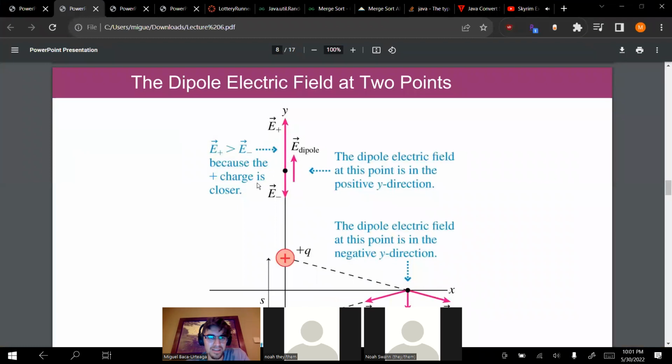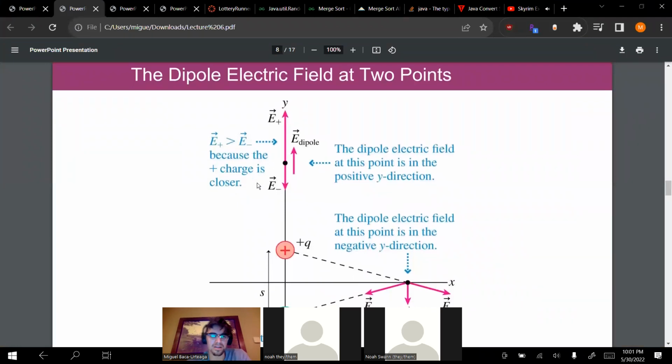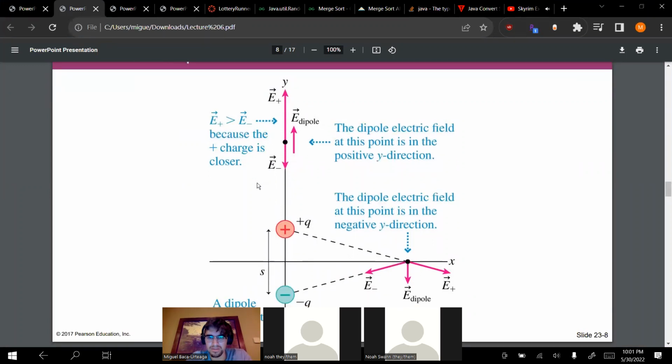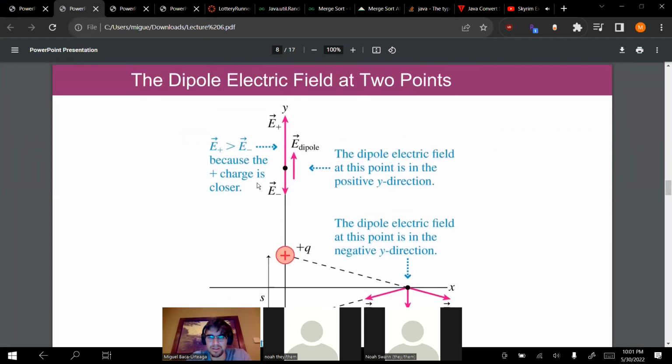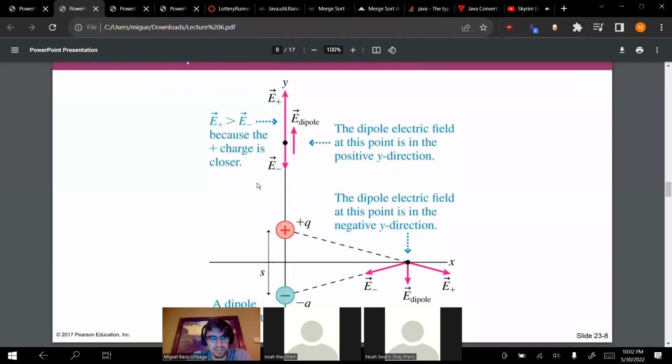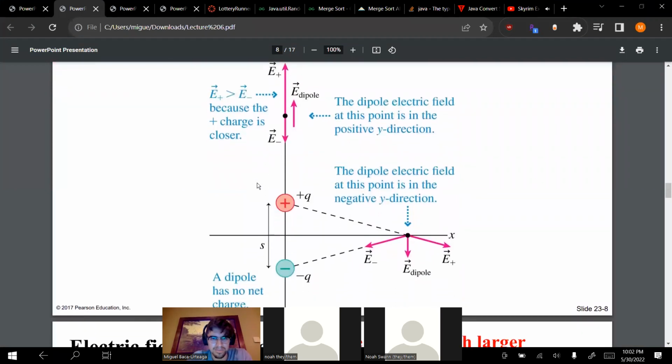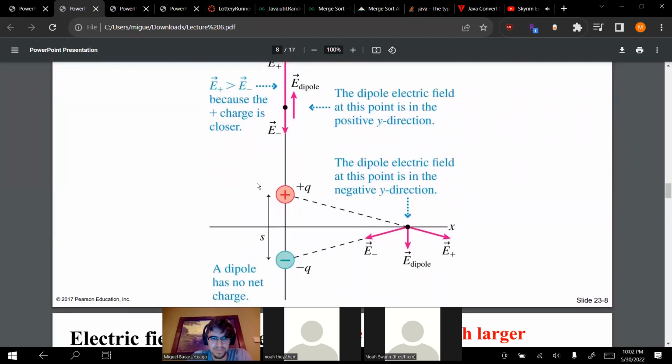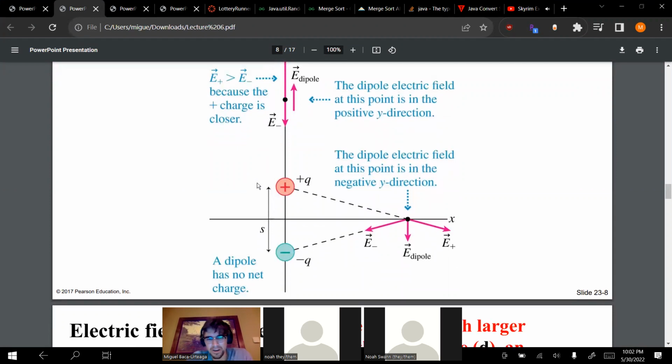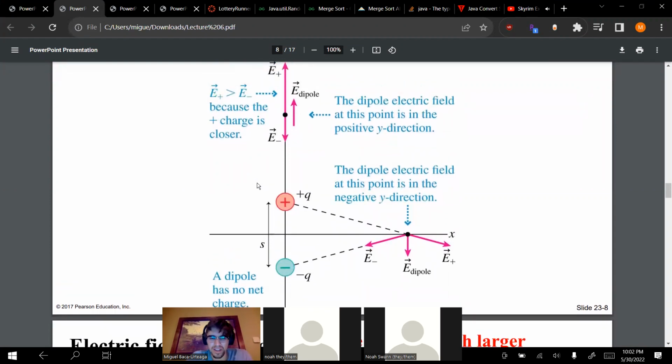All right, so you guys can see that I'm on the PowerPoint now? Yeah. Okay, so now we're talking about the dipole electric field at 2 points. I'm going to be honest, I don't really see this as being all that different from what we've been doing.